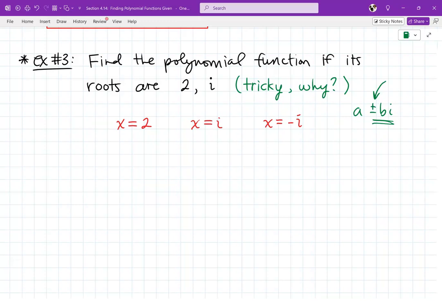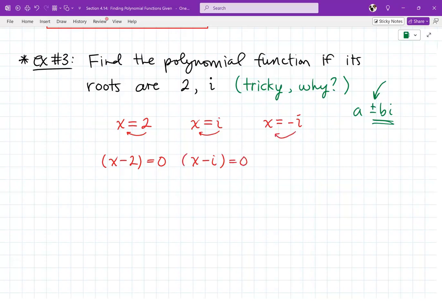Now I'm going to give you a point of advice here. Whenever you deal with imaginaries, keep those together. You always want to do those first. So you'll see what I mean by the work that I'm doing right now. Let's move things over. This becomes x minus 2 equals 0. This one becomes x minus i equals 0.